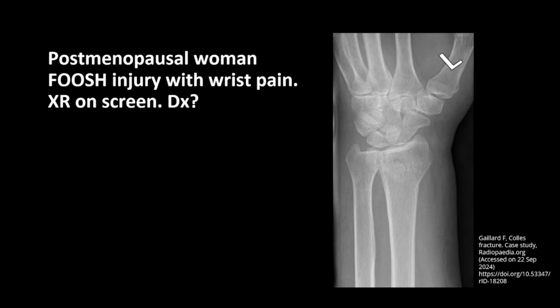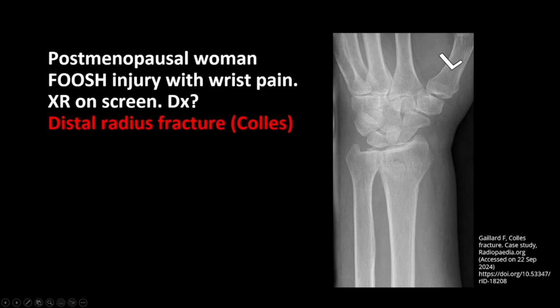All right, next we have a postmenopausal woman presenting with a fall and wrist pain. You see the following x-ray on the screen. What is your diagnosis? Let's do the laser pointer.